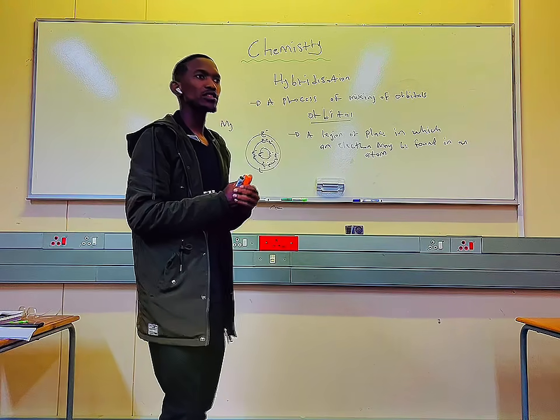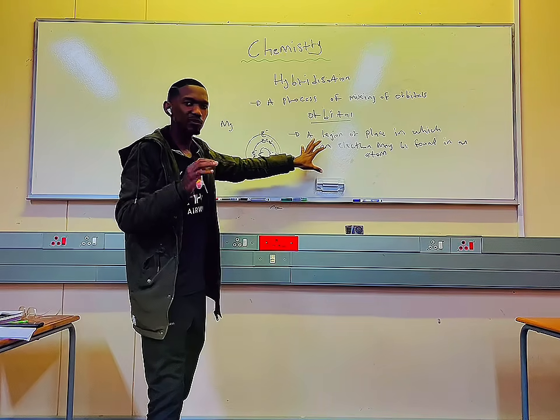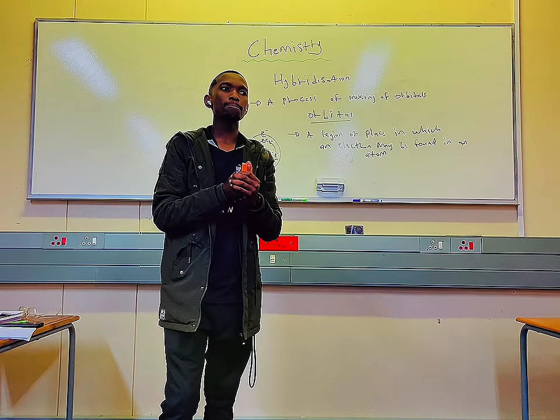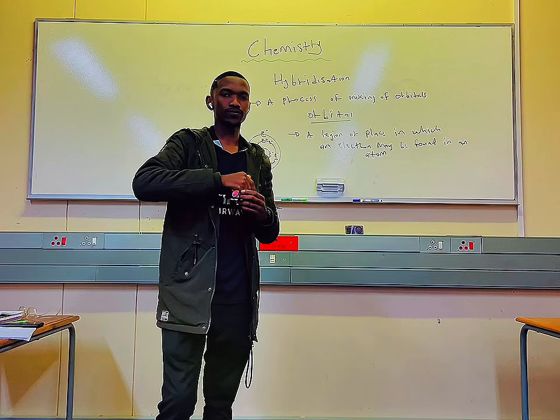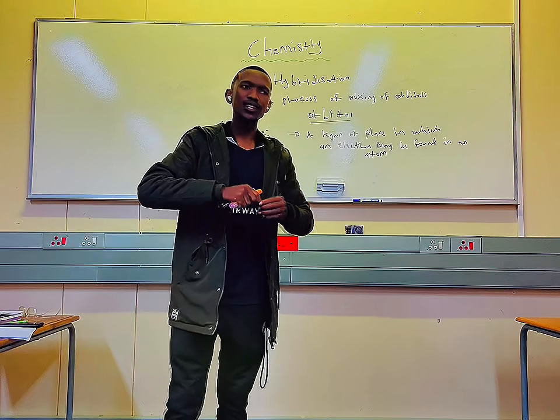So yeah, the most important thing, which was the goal right now, was to show you guys that an orbital is basically a house, a room. For example, if you are now at work, or at school, basically you are in a class.